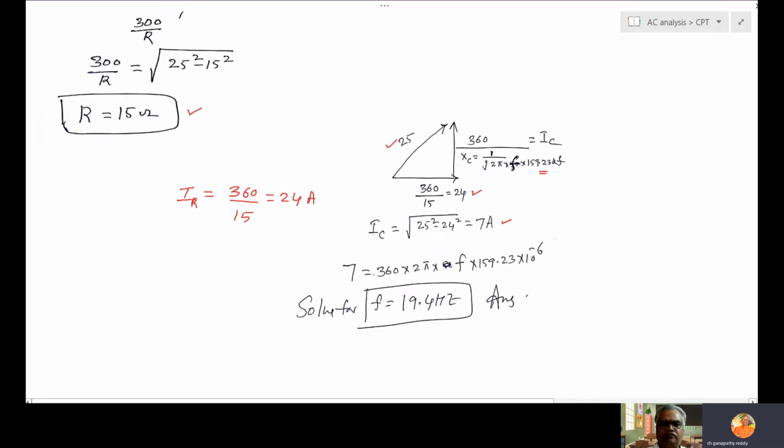Now this 7 is equal to current, equal to voltage by reactance, that is applied voltage VC by XC. So XC is 1 by omega C, so that will come in the numerator. Therefore 360 into 2 pi F into C equated to 7, solve for F. So 19.4 Hz.